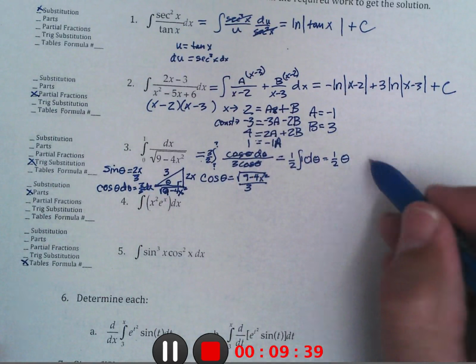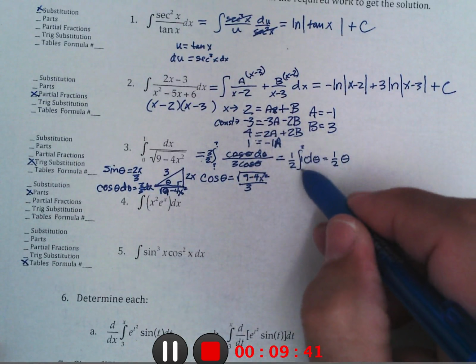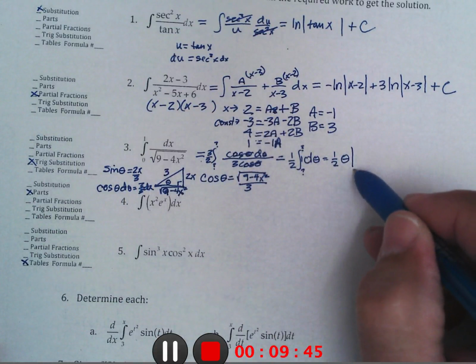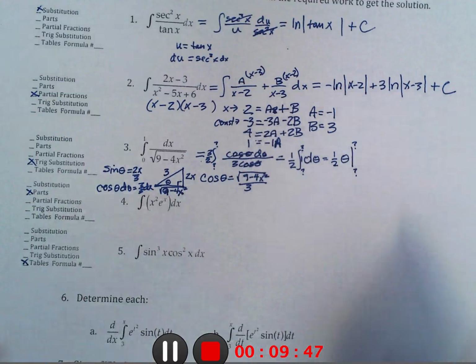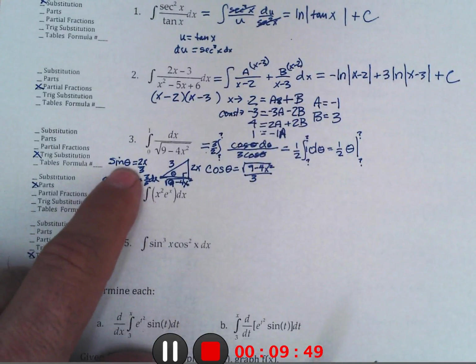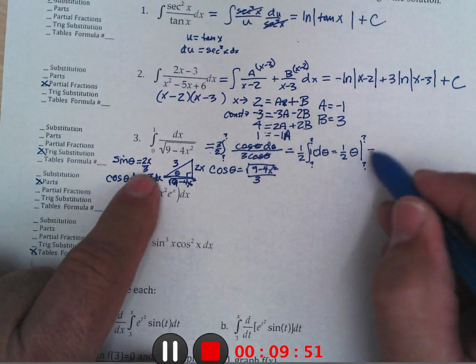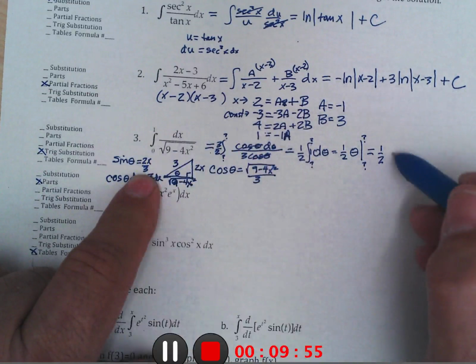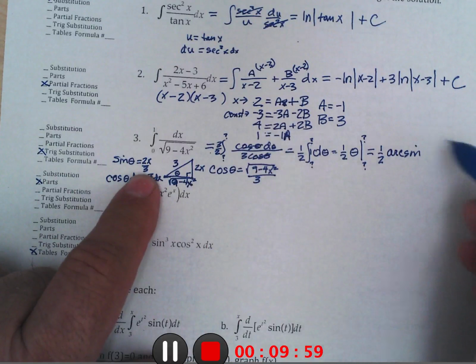And we still don't know our limits because we're in theta. So evaluated from something to something. Now theta is arc sine of 2x over 3; solve for the theta, I'd have to do the arc sine of both sides.